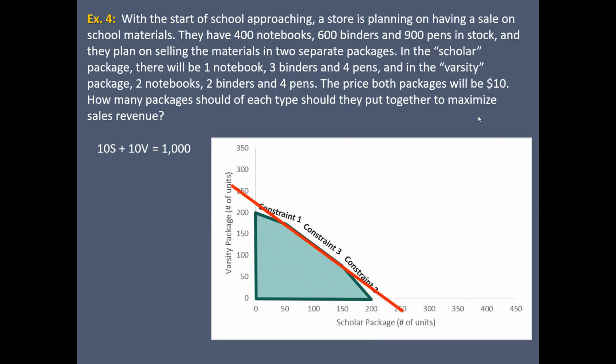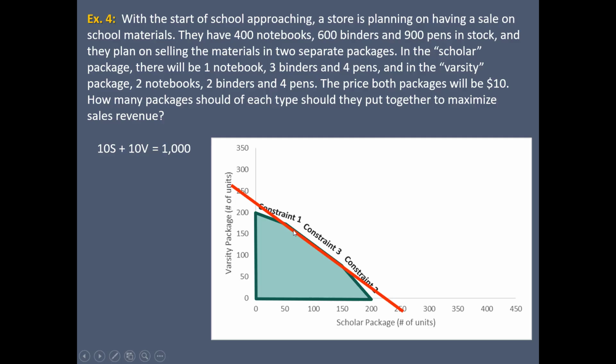Now we come up and see our third special case in linear programming. What we have here is something known as alternative optimal solutions. The reason this comes up is because our objective function line has the exact same slope as one of our constraint lines.